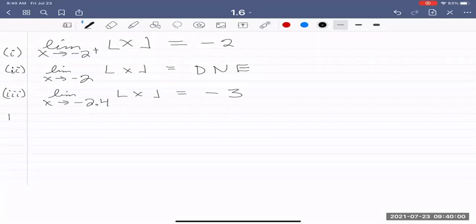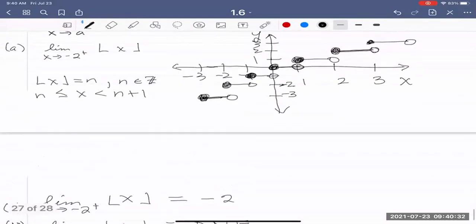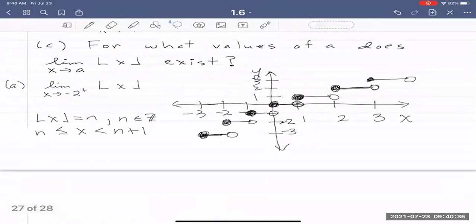Let's do part B. Okay, so part 1 of B. For part 1 of B, I want to determine the limit as x approaches n for some integer n, and I want to approach it from the right side. Okay, so let's approach from the right side.